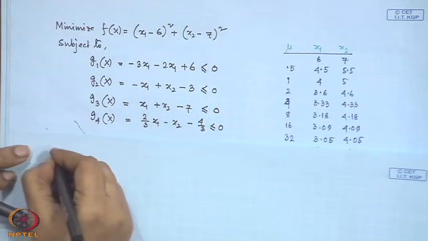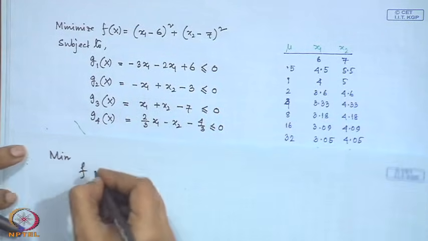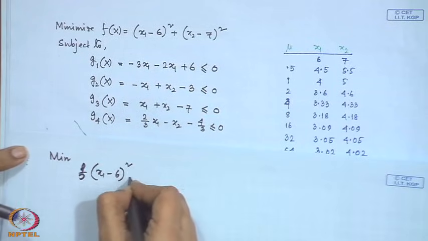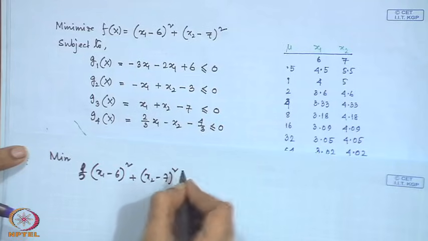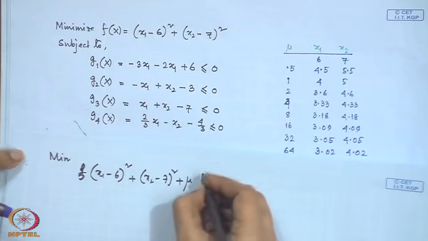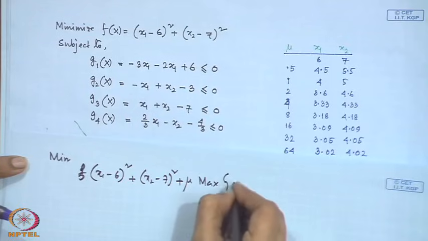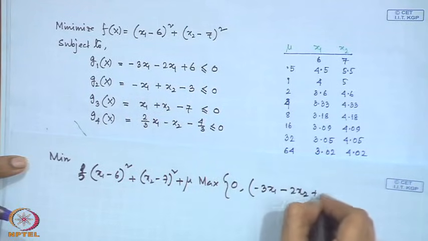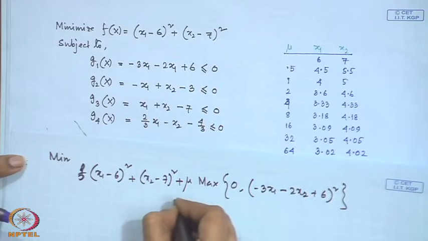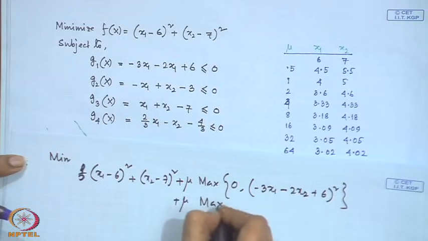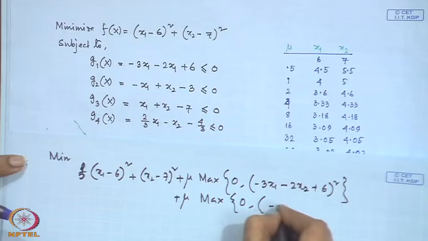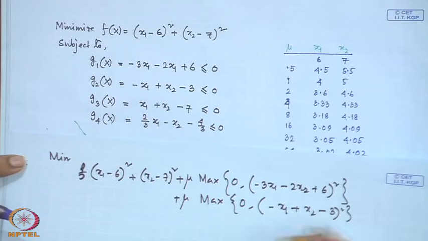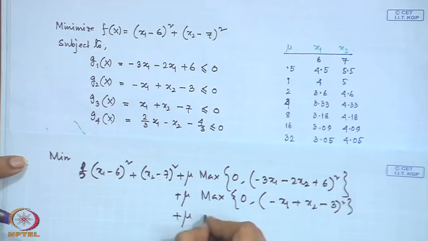Just see, minimize f(x), that means (x1 minus c) square plus (x2 minus 7) square plus mu max of 0, minus 3x1 minus 2x2 plus 6, square, plus mu max of, this is so big and very difficult to handle, but so easily we can do it.